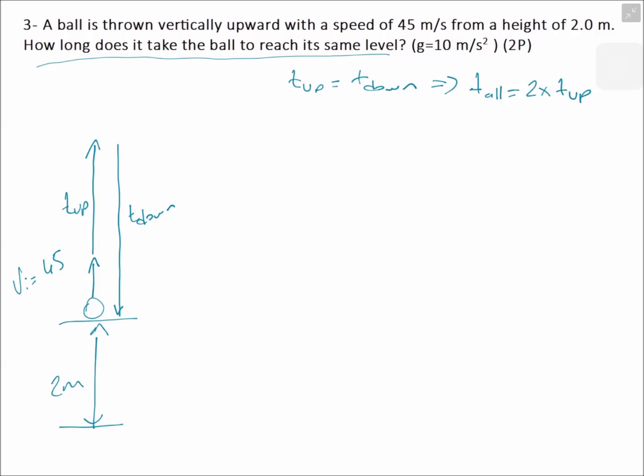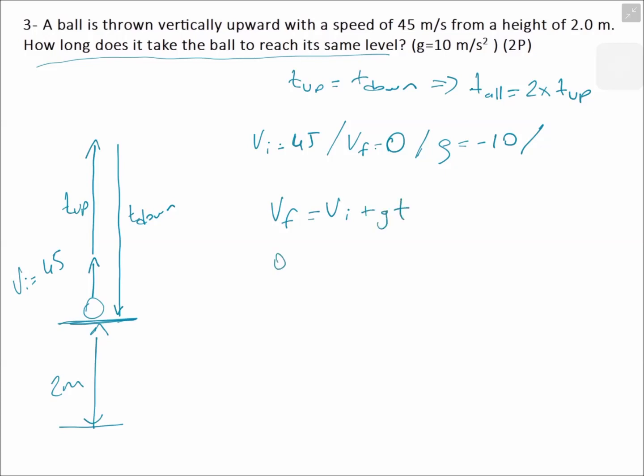And how can I calculate the time up? I have v initial 45 for the up part, v final is going to be 0 here, and g we will take as negative 10. It says it comes to the same point. So I will use the formula v final equals v initial plus g t.